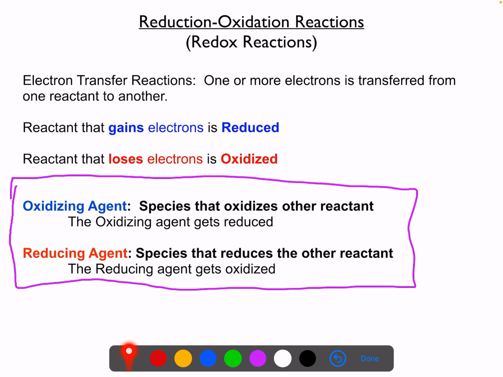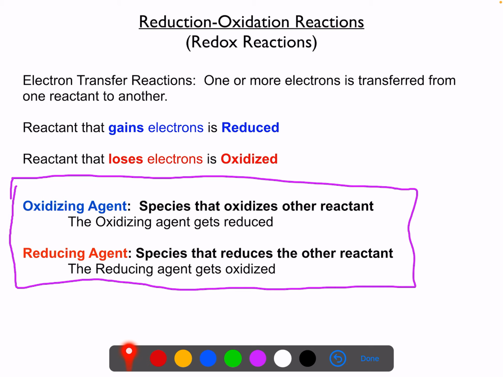It does that by stripping it of electrons, making the other thing lose electrons, which means the oxidizing agent gets reduced. And the reducing agent causes something else to be reduced. It does that by giving up its electrons to something else, and so the reducing agent gets oxidized.